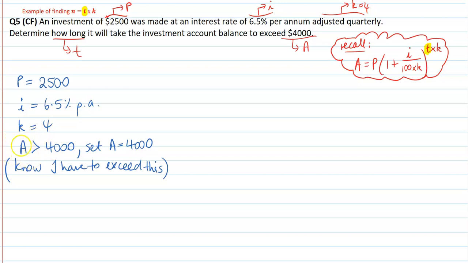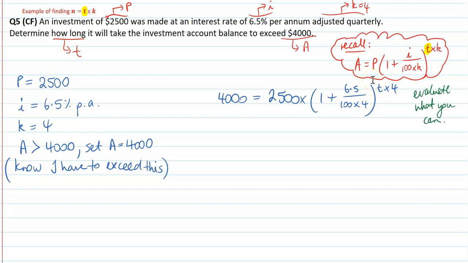Now just note that I've written down that we need to find an A value that's greater than 4,000, but for the purposes of this exercise, to make it easier for ourselves, we'll just set the A value to 4,000, and know that the time period I find has to be a little bit more than whatever value I find for t. Okay, so from there, we're going to evaluate what we can.